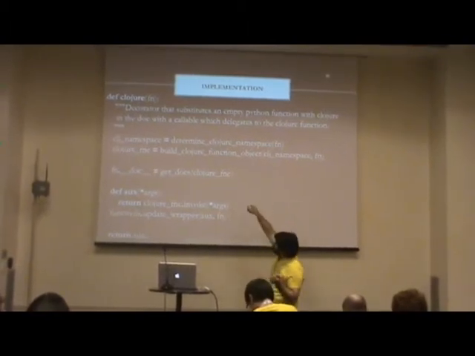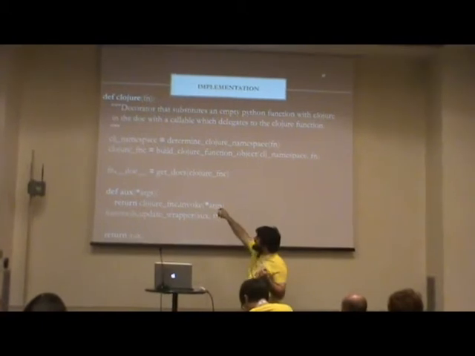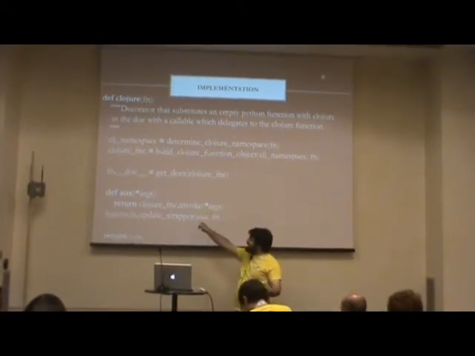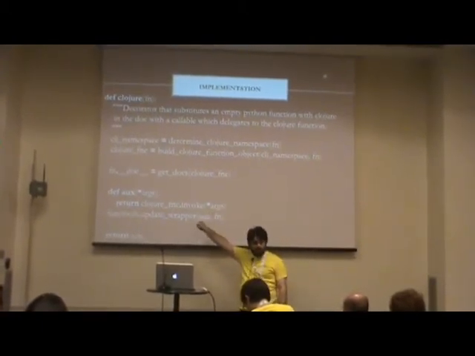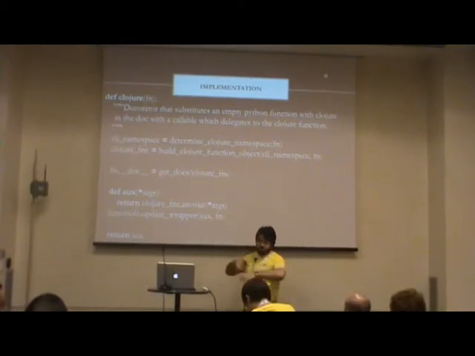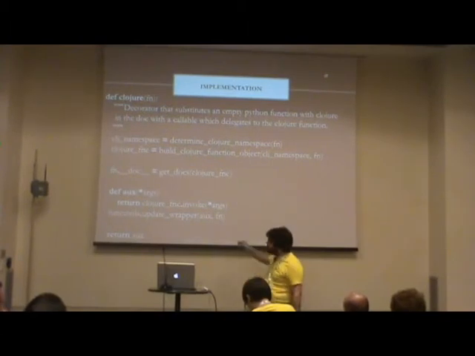Then I build the Clojure function object. I get the docs and I put them here. And I build a wrapper function here, which is then updated to make the name of the function right, the arguments, everything. Okay? And I return it.